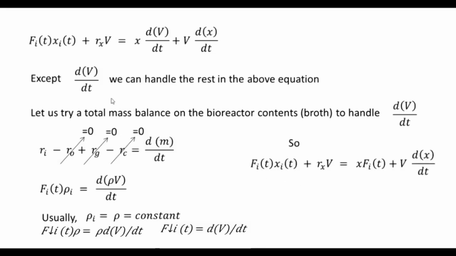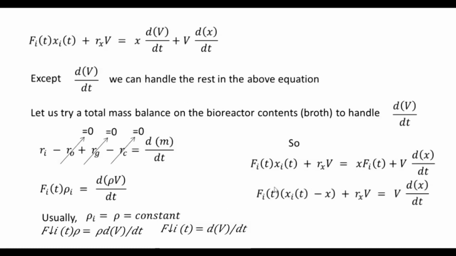Therefore this equation becomes Fi(t) Xi(t) plus Rx times V equals x into Fi(t) plus V into dx/dt. So the dV/dt we have replaced by Fi(t) here, right? The rest are the same.